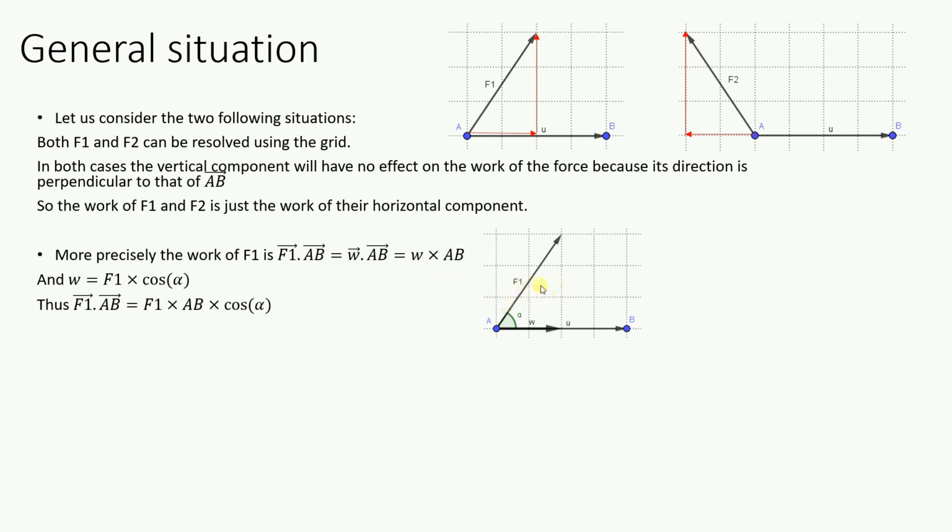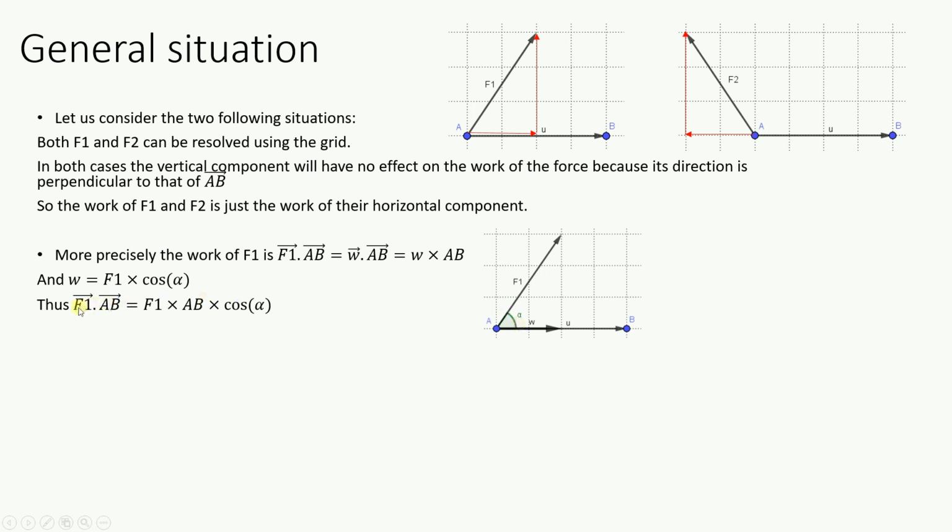As I said before, what is important here is that my grid is square, right? So I can use trigonometry to calculate the magnitude of W, and W is just F1 times cosine of alpha, where alpha is that angle here between AB and F1.